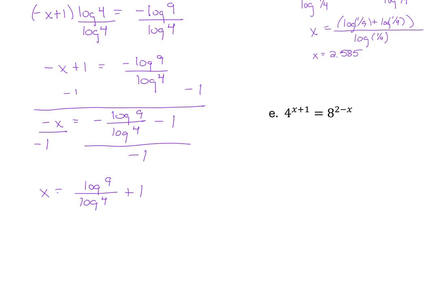Okay, and so here all I did was take this negative and apply it to each one of these terms. All right, if we go ahead and try this now, we get log of 9 divided by log of 4 plus 1, and I do still get the same answer, 2.585.